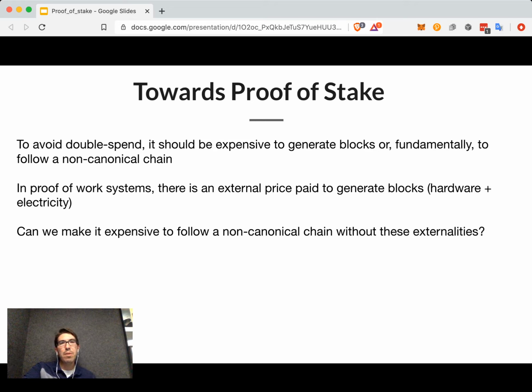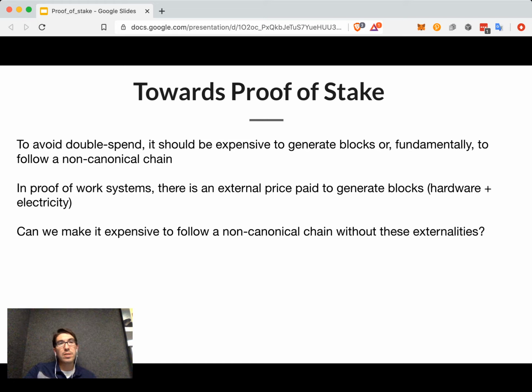So remember that to avoid double spend, fundamentally, we need to make it difficult to follow a non-canonical chain, which generally means it should be expensive to produce blocks. If you want to create two different blocks at the same height, that is, that build off of the same previous block, then it should be difficult to do.